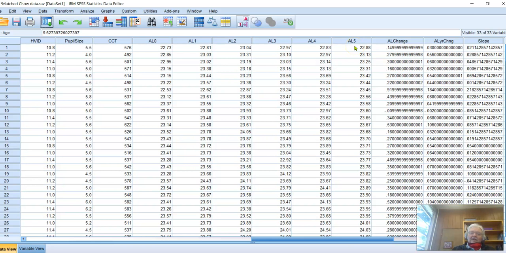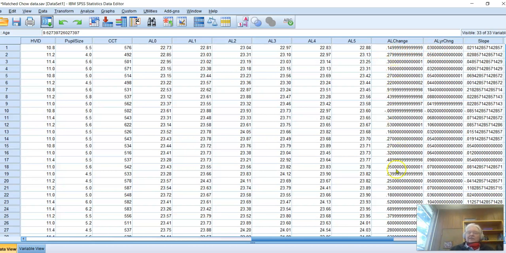But some people want to know, well, just how much did it change? Not just that there's a difference after so many years, but did it change? So rather than looking at the original scale of axial length, they'll do axial length change. Now this has a few more decimal points than necessary, but if you look at 22.88 minus 22.73, that is an axial length growth of 0.149.